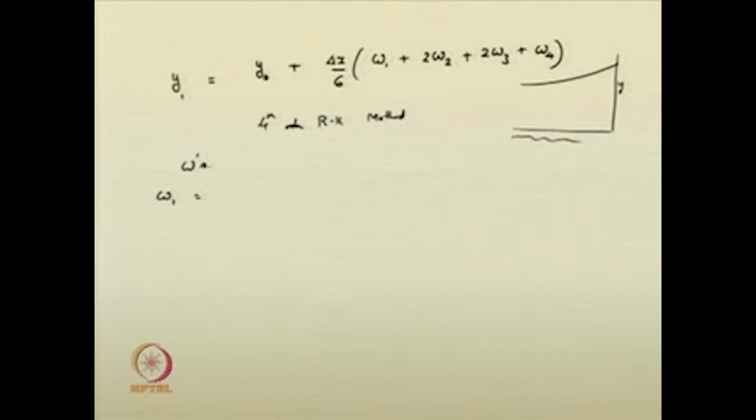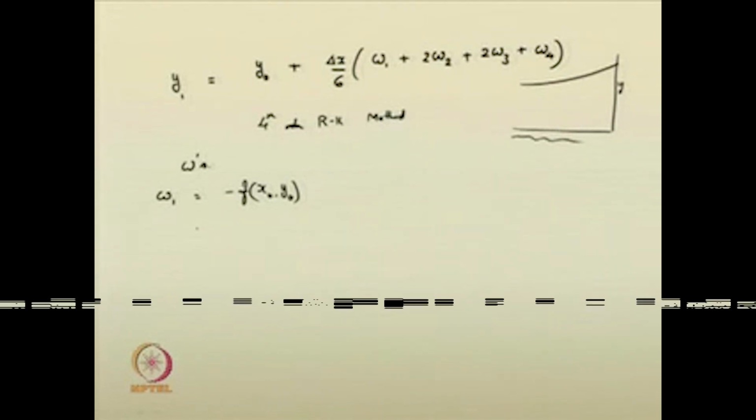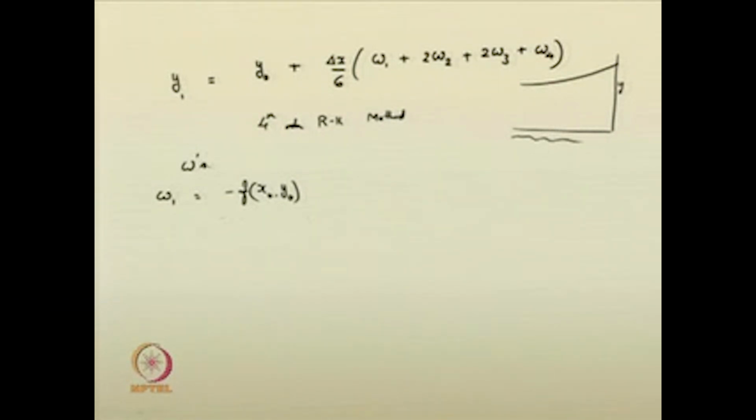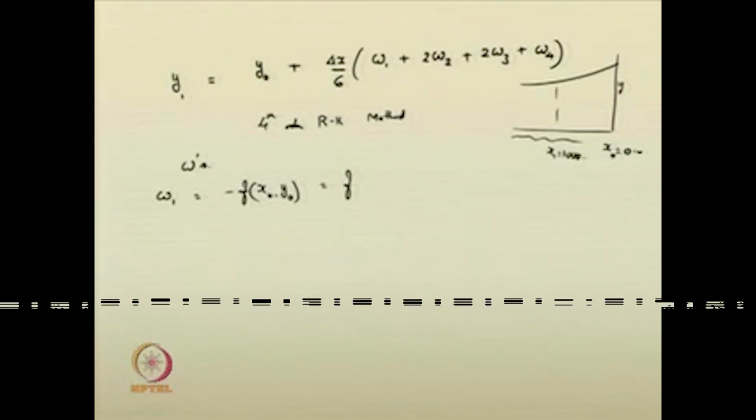So, omega 1 will be minus of f of x 0, y 0. In the first case, x 0 is equal to 0 meters, x 1 is equal to 1000 meters, this will be y 1.